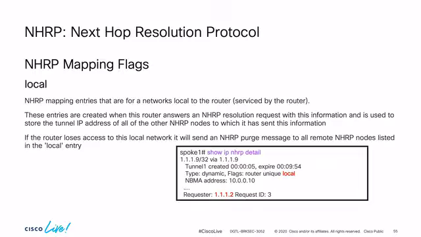The reason this is important is that, like in this example, if spoke 1 loses connectivity to its local networks, it's going to use this information in its NHRP table to send out an NHRP purge message to all of the remote NHRP nodes which are listed within this local entry.